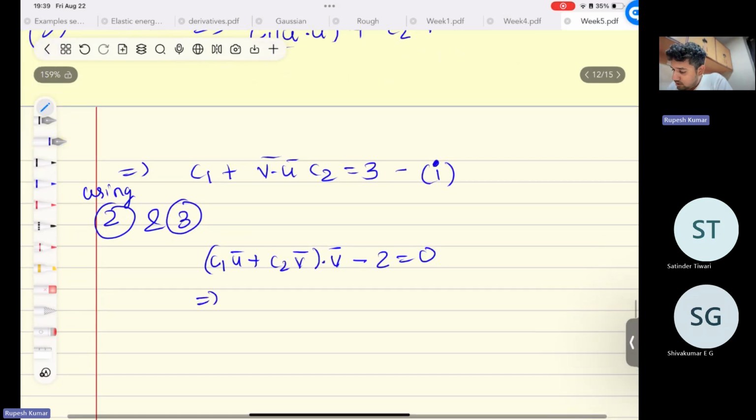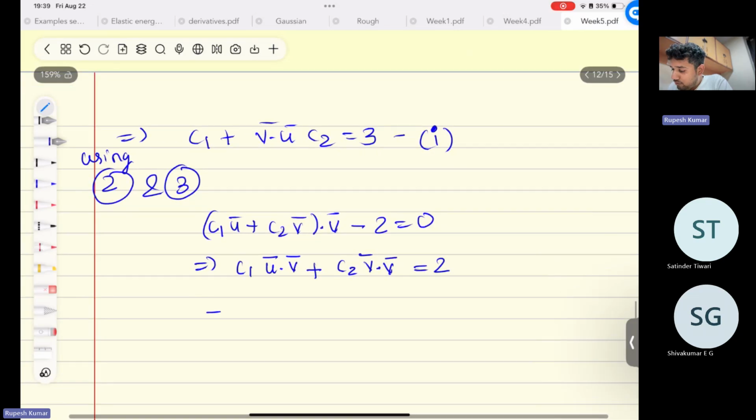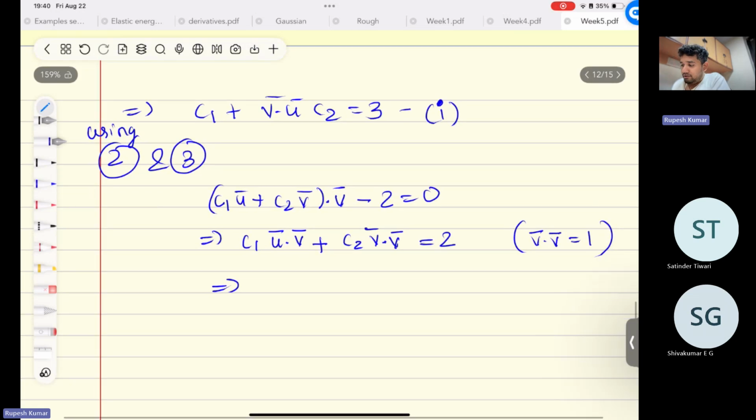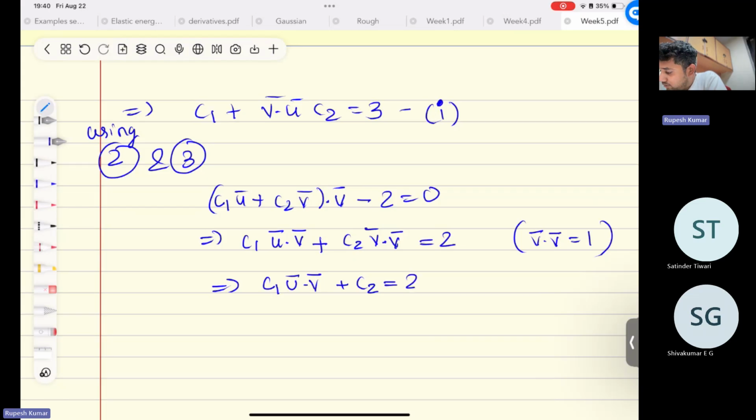Solving this gives C1 U dot V plus C2 V dot V equals 2. Now V dot V we know is 1, since we are dealing with unit vectors. So C1 U dot V plus C2 is essentially 2. Let's call this equation II.